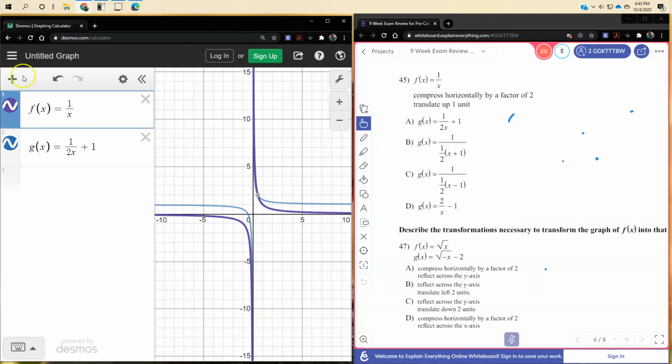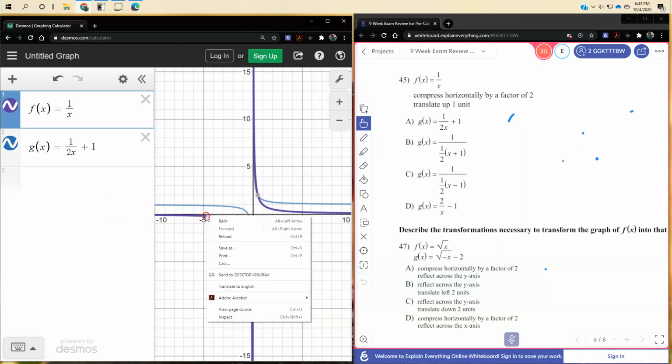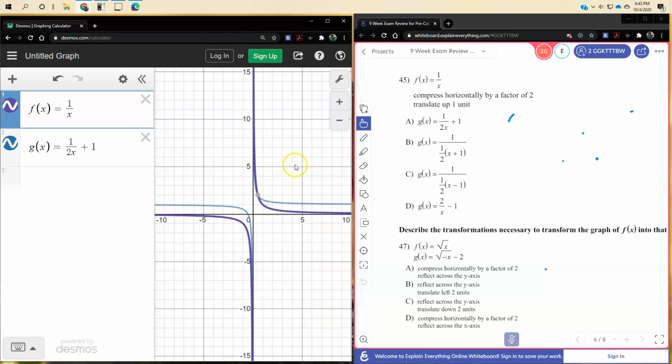Now, if I compare it to the parent function, and let me use a different color for the parent function so it can stand out. So the parent function is the darker color. Unfortunately, I can't change the color, but you notice that it is getting closer to the y-axis, so that is a compression.